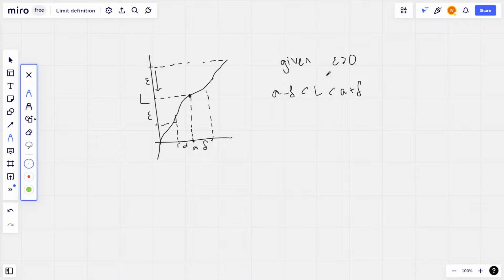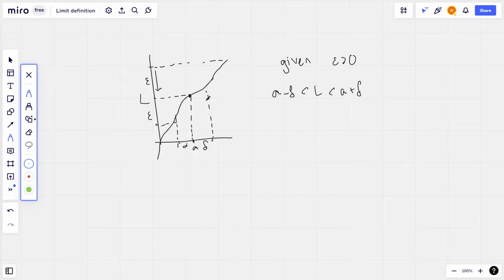So this is my proposal. Or rather, I'm saying that if we're given some value away from this limit, some epsilon, then I can tell you some delta, which we can find a range of inputs that would pop out an output within this distance from the limit.